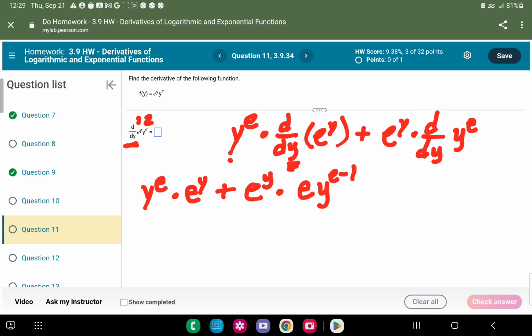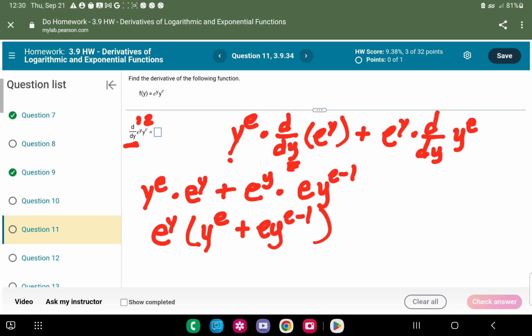All right, and let's see what we can do. Is there anything else we can do here? If we wanted to, we could take out an e to the y here. I don't know if it'll make it any cleaner. But that should end up being our derivative.